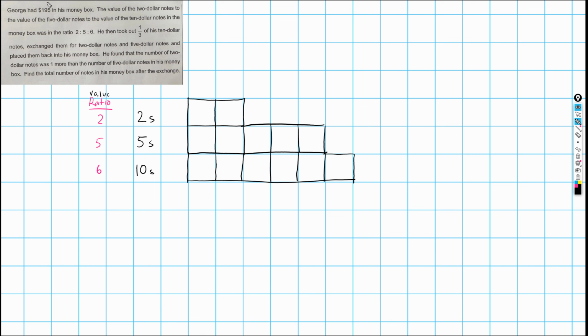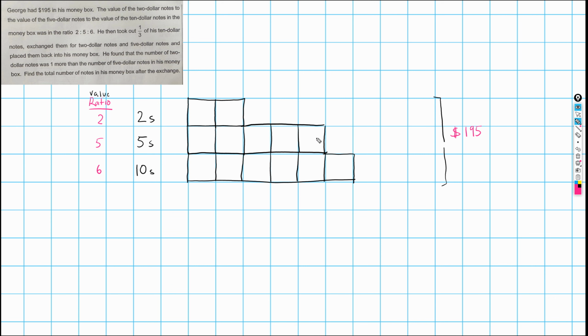Have we captured all of the information? Not quite, because we also know the value of the whole model, which is 195. I'm going to change color for fun. The value of this whole model is 195. So what can we do with this information then? Well, we have equal parts.